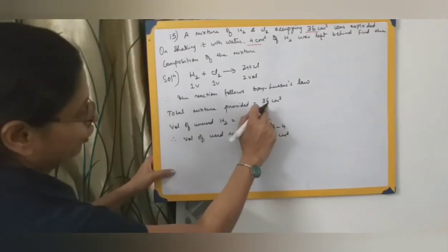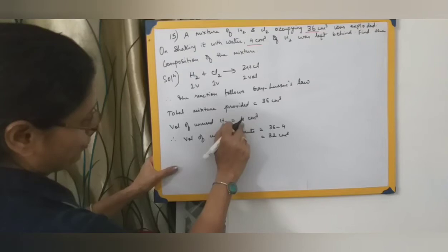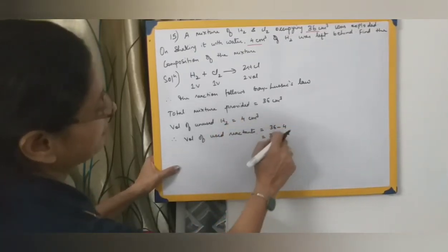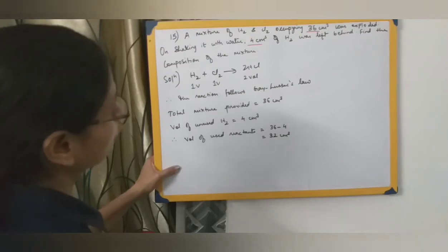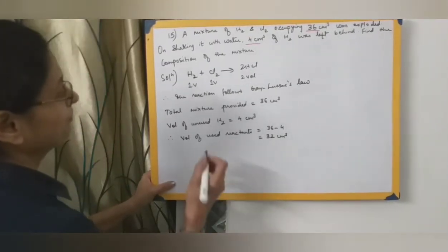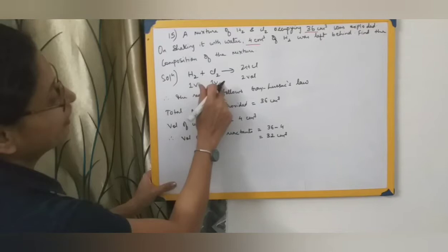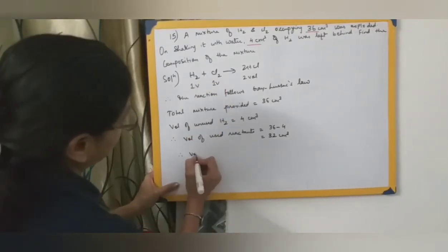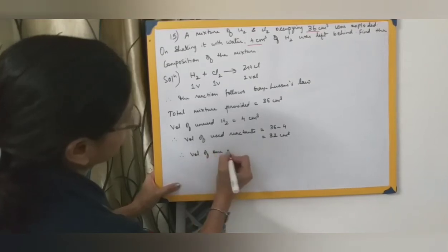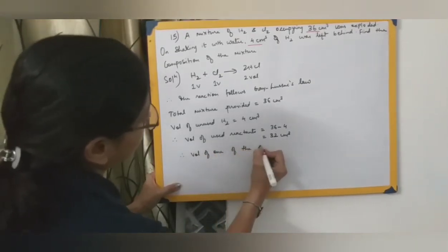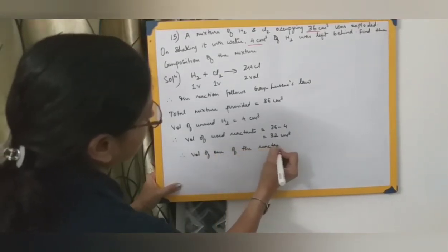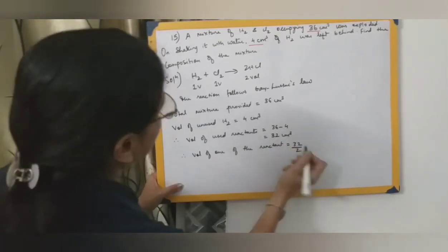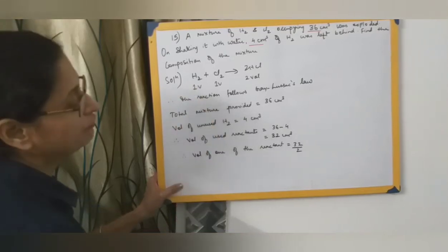This was the total volume. From this, unused hydrogen is 4. So if we remove this unused, we get the used reactants. 36 minus 4 is 32 cubic centimeter. Now both of them are in one volume ratio. Therefore, the volume of one of the reactants: total is 32, so we divide by 2 because the stoichiometric proportion is one volume each.